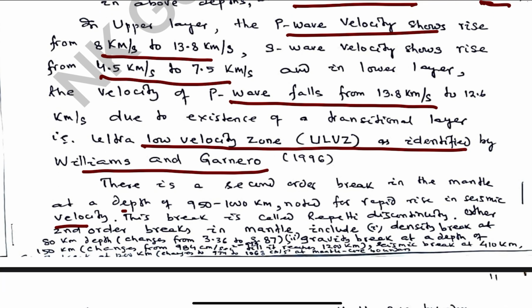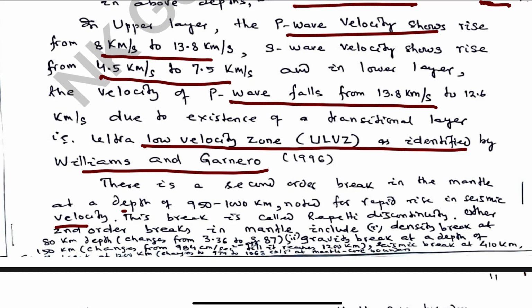Besides that, we have many second order breaks which are not universally present within the earth. They are present because of the change in value of G, and change in value of seismic waves.